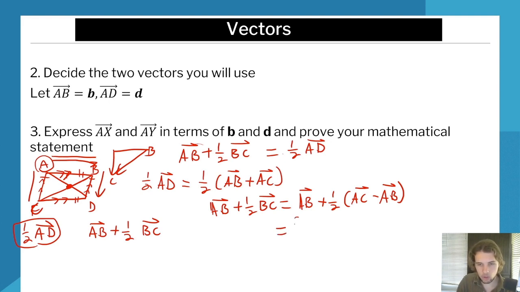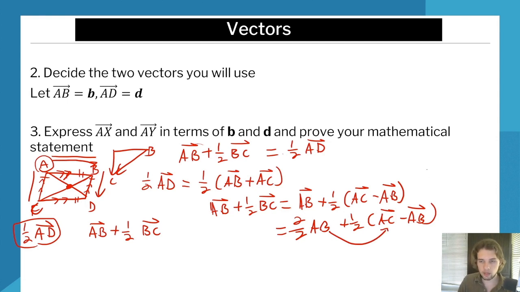We can do 2/2 A to B plus 1/2 AC minus AB. So what this does, this allows us to move this AB into the brackets because we want to get this expression to look like this expression. If they're exactly the same, this proves that these two positions are exactly the same.